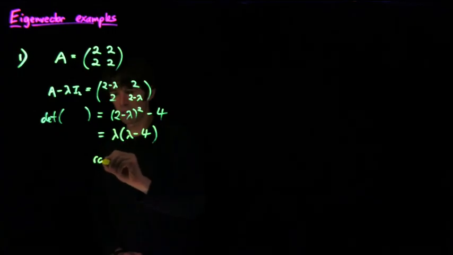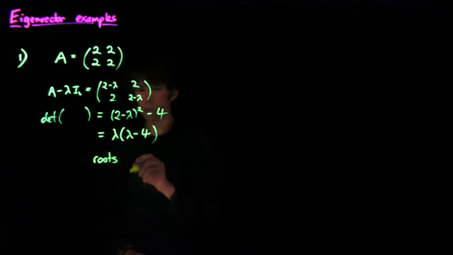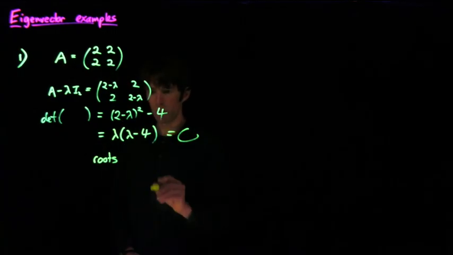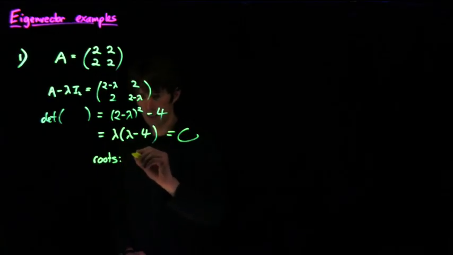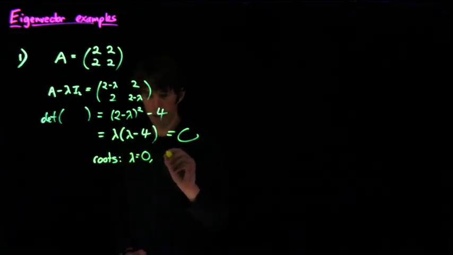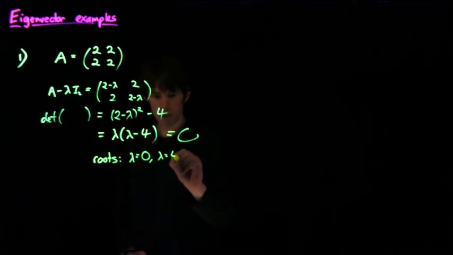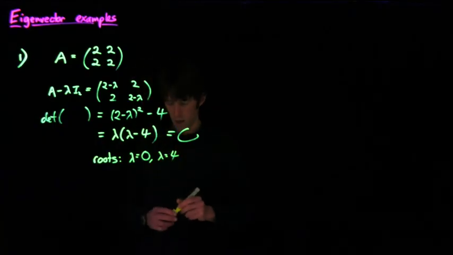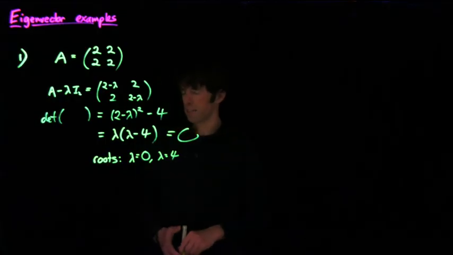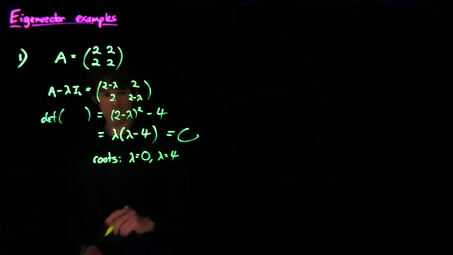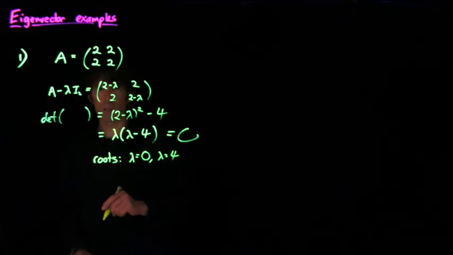So the roots here, the solutions to this equals 0, are lambda equals 0 and lambda equals 4. Okay, so those are our two eigenvalues. Now let's look at each one of those in turn and find the corresponding eigenvector.